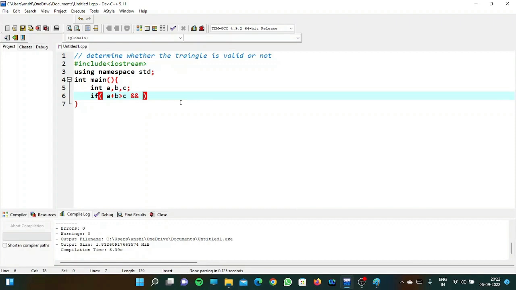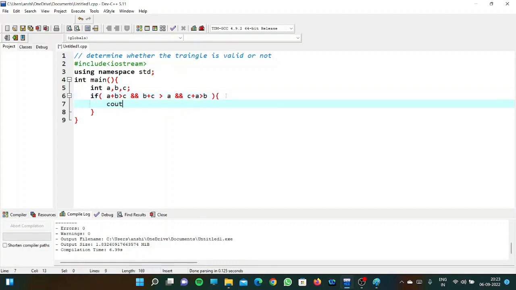Okay, so the first condition we have written. Second is B plus C greater than A, and the third condition is C plus A greater than B. Now since we want to satisfy all of these three conditions, we have used the AND operator here, right? We want all the conditions to be satisfied.